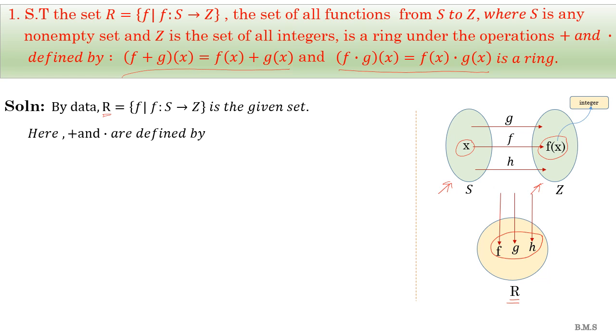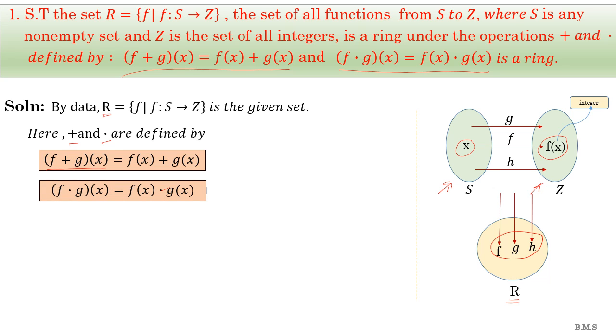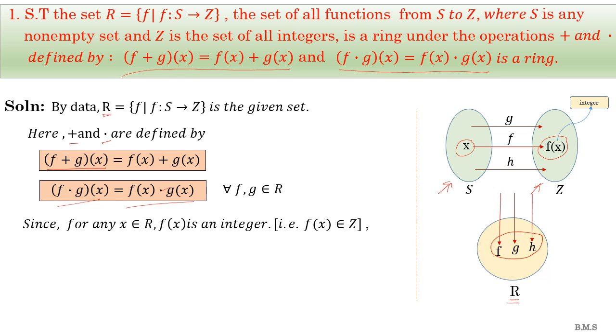Now let us come back. In R, two operations are defined, plus and dot. By the definition in the given problem, how is plus defined? (f plus g)(x) is equal to f(x) plus g(x), where f and g are two elements of R, meaning two functions. Similarly, dot is defined like this: (f dot g)(x) is equal to f(x) dot g(x).